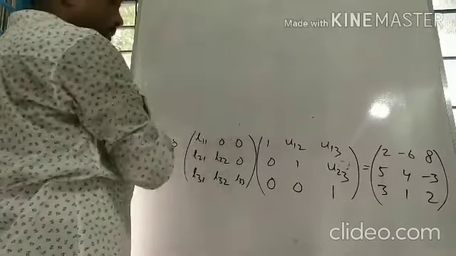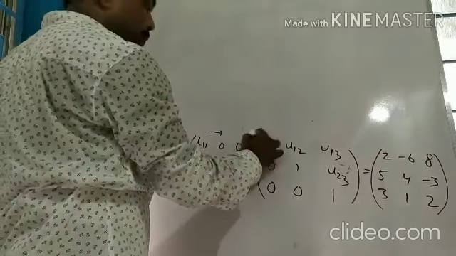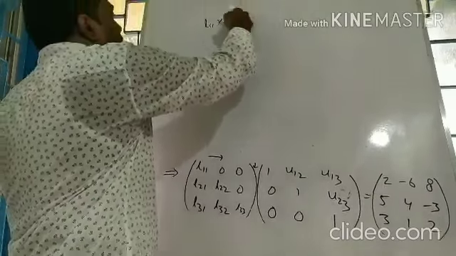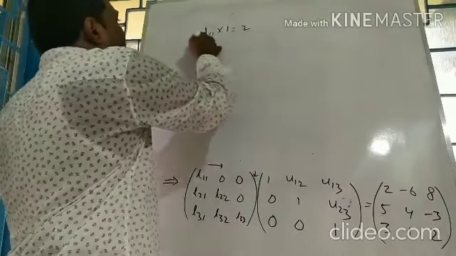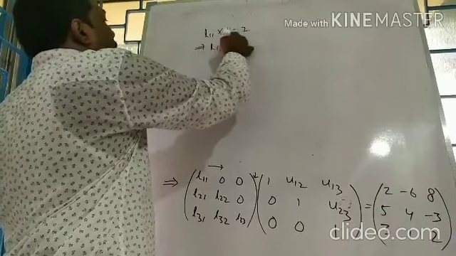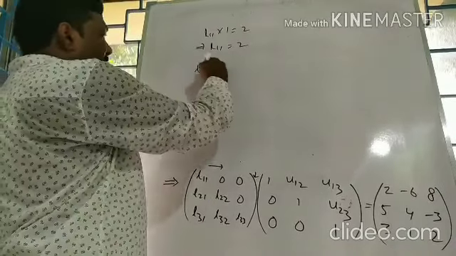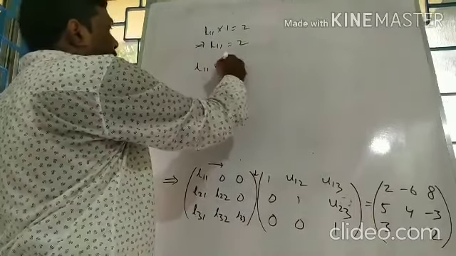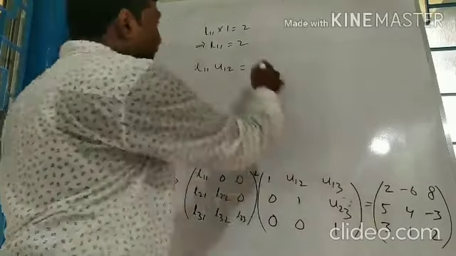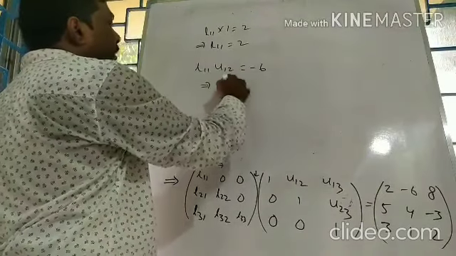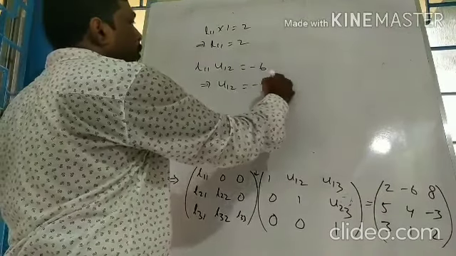First row, first column: L11 into 1 equals 2, that implies L11 equals 2. Next, first row, second column: L11 into U12 equals minus 6. Now L11 is 2, so U12 is minus 6 by 2, it is minus 3.